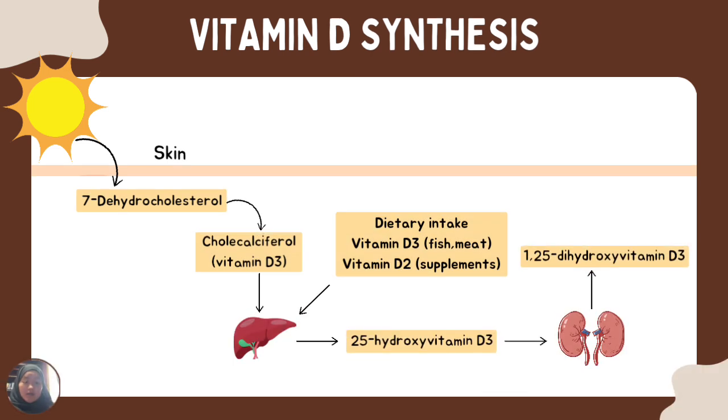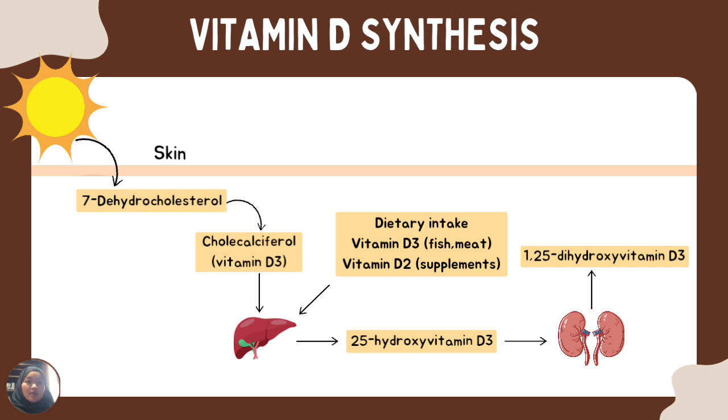Now let's talk about vitamin D synthesis in the skin. The first step is that when the skin is exposed to UV radiation, it triggers the conversion of 7-dehydrocholesterol to cholecalciferol, which is called vitamin D3.